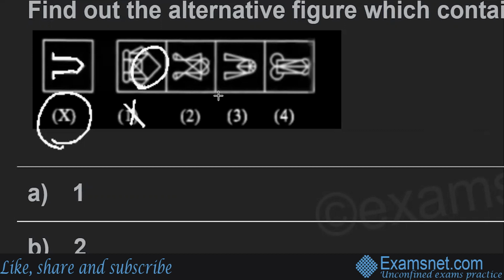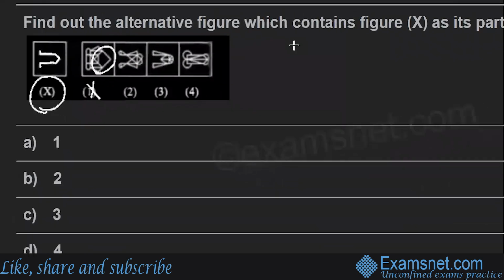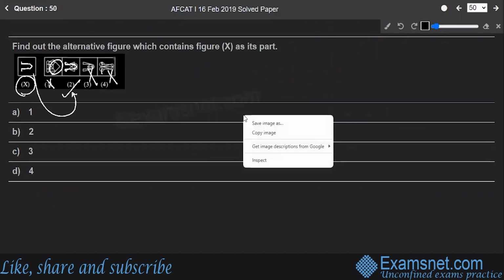This is wrong. Okay, look at this one very carefully. Yes, this is a part of option 2, but option 3, no part. Even over here, this is not a part because this thing is missing, right? We have option B as the correct answer.